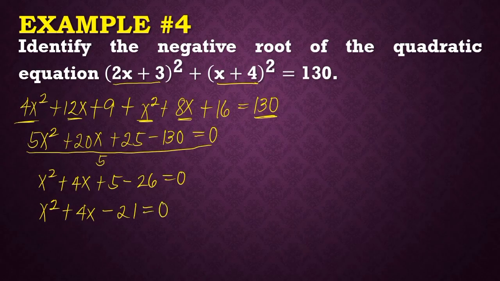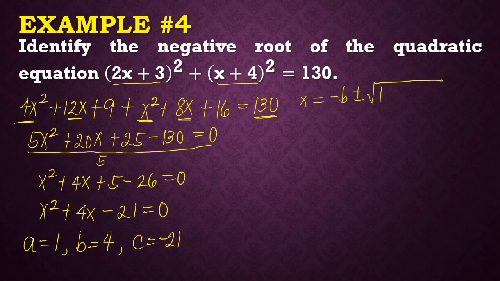So ngayon naman ang gagamitin natin is yung quadratic formula. So identify muna natin yung A, 1, yung B, 4, yung C, negative 21. So the quadratic formula, that is x equals negative b plus minus the square root of b squared minus 4ac all over 2a.